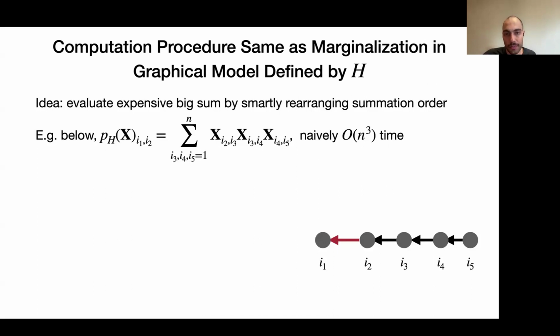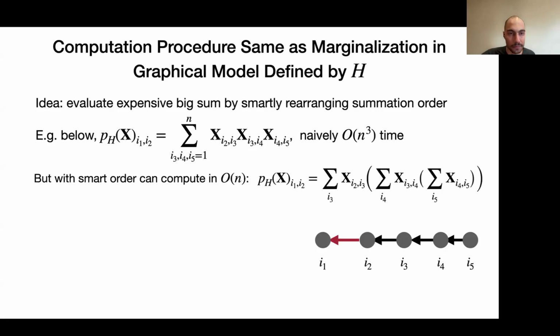And if you were to just run this sum over naively, you would have to sum over n cubed numbers because there's 3 indices and each of them runs from 1 to n. And doing that just arbitrarily will take n cubed time. But as you can see, this looks like a tensor network, and we can probably do this in a smarter way. So how do we do it?